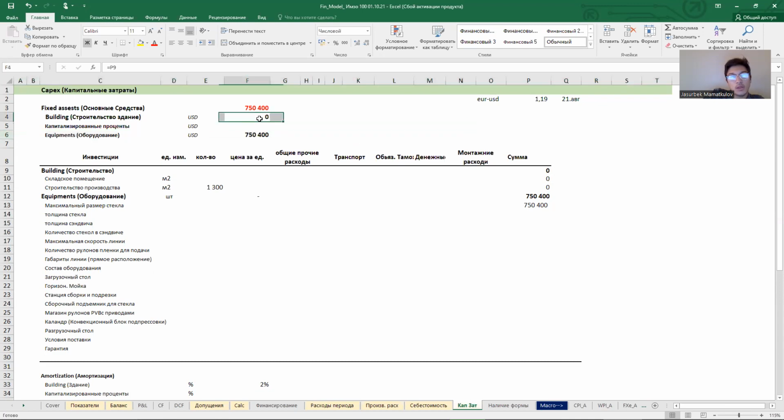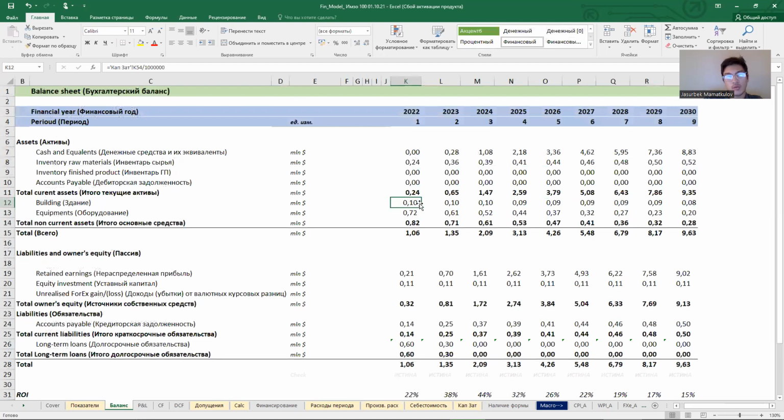If we put here the number 100,000, let's change it, and go to the balance sheet, it will show us the $100,000. So here's the equipment, here's the building, because it's our assets. Overall, during the one year, we have assets of more than $1 million.